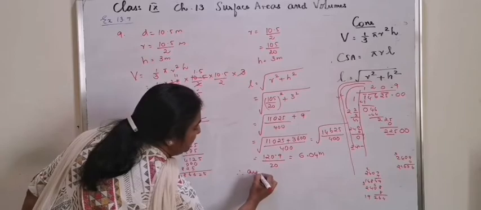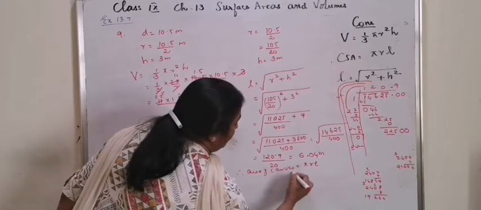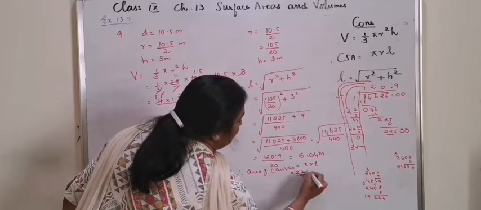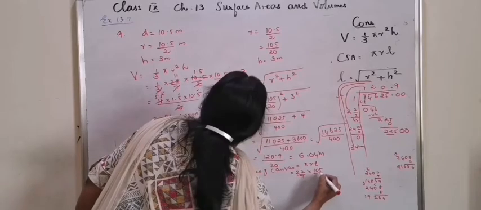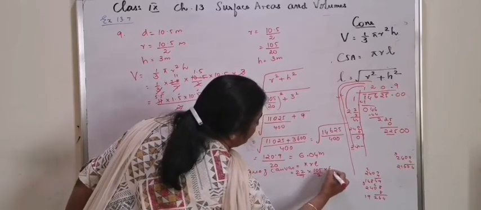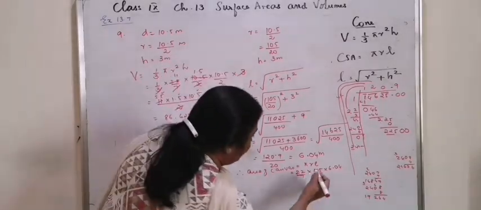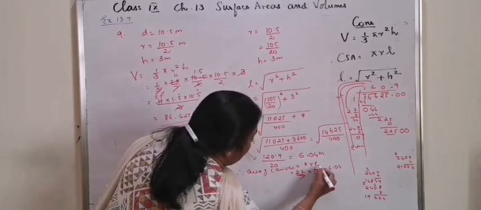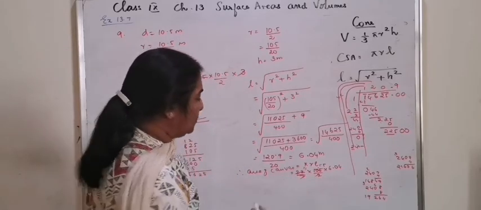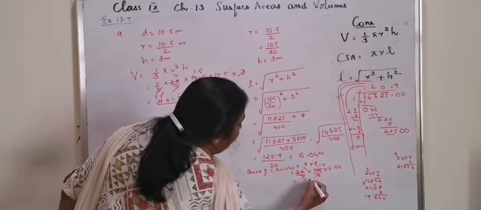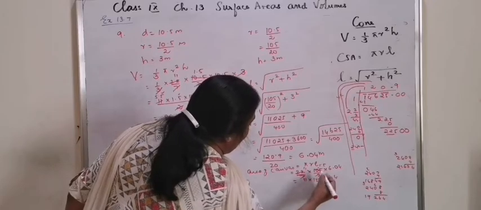Therefore, area of canvas is equal to pi r L, which is equal to 22 by 7, radius is 10.5 by 2, into slant height 6.04. The calculation can be 1.5, 2 into 11. So 11 into 15 into 6.04, 1.5.